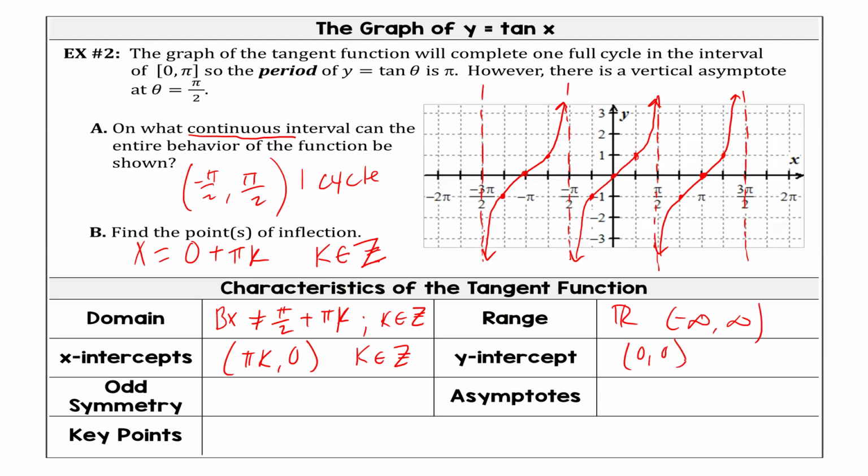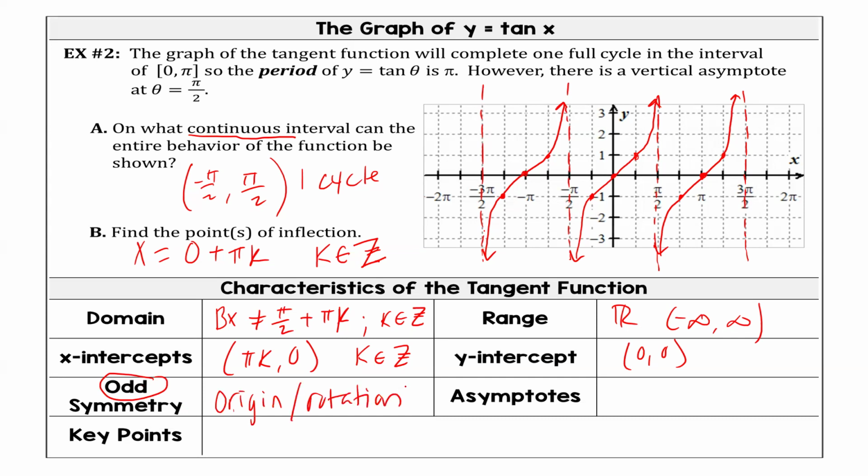What type of symmetry would you say this function has? Odd or even? It's odd. I wrote it there for you. It is odd symmetry, which means that it goes through the origin and it has rotational symmetry.